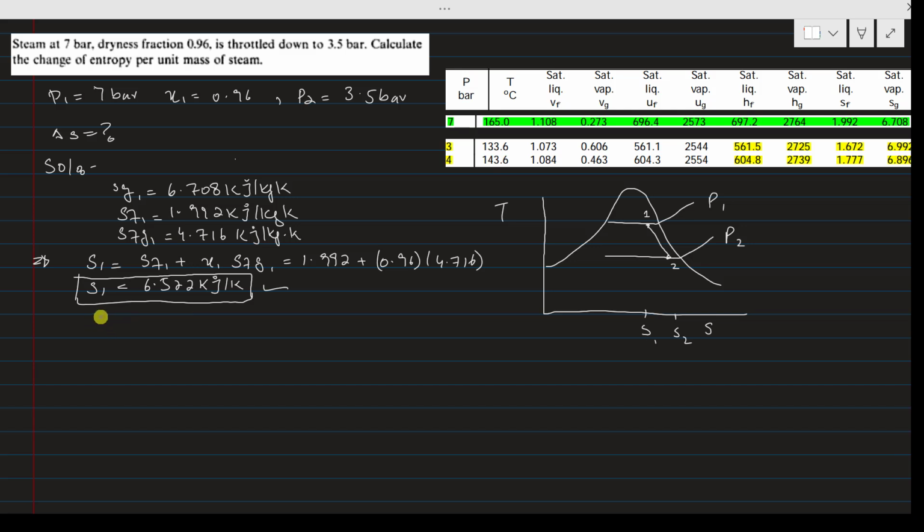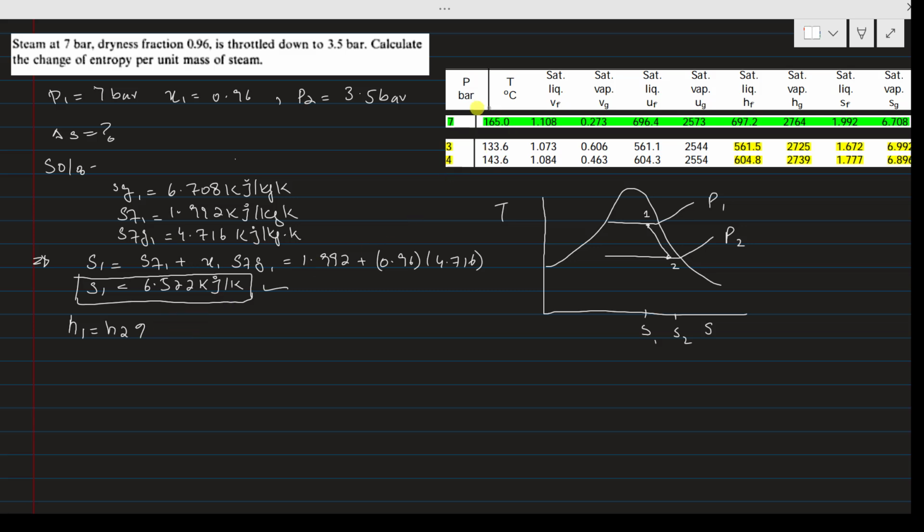Next is the enthalpy at state point 1, H1, that we need to calculate, because H1 will be equal to H2. The process is throttling, and in a throttling process the enthalpy at the initial and final stages is the same.